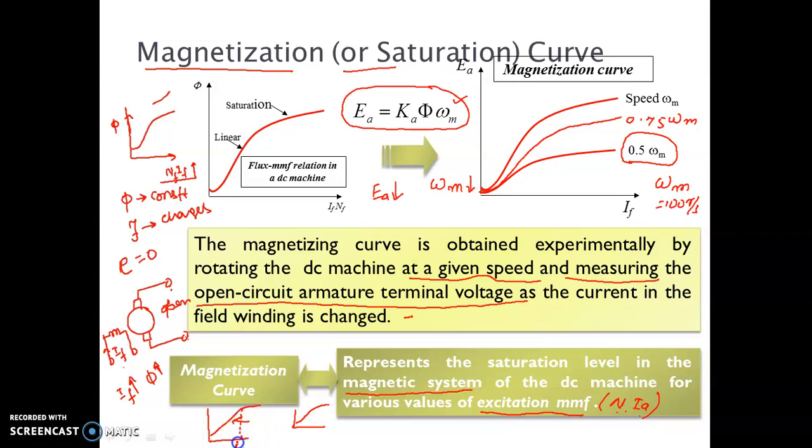You can change your number of turns multiplied by current, so saturation is not occurring there, but for this machine only this portion you can apply and after that saturation starts. That is why it is written here: represents the saturation level in the magnetic circuit of the DC machine for various values of excitation, meaning excitation MMF.